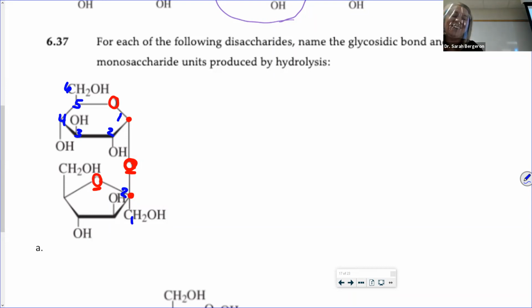It happened. Now go in the ring away from the oxygen: 3, 4, 5, 6. Now, do we think we can name it? Tell me the numbers first. It's a 1,2, put it in parentheses, and now we have to put on the outside of it, is it alpha or is it beta?